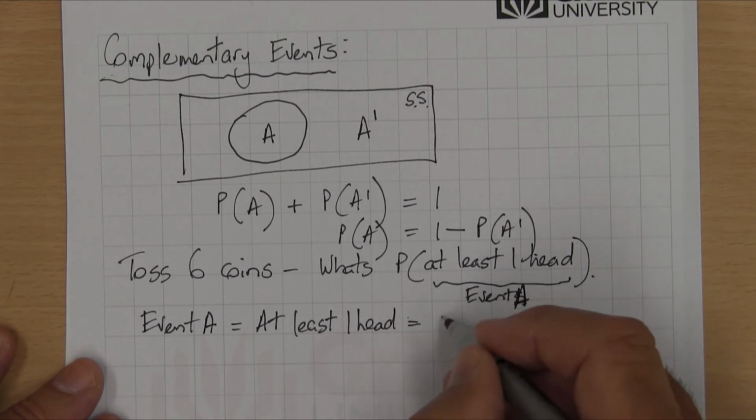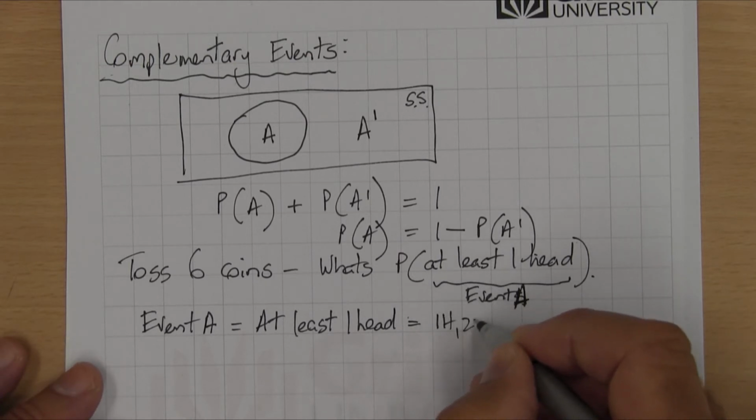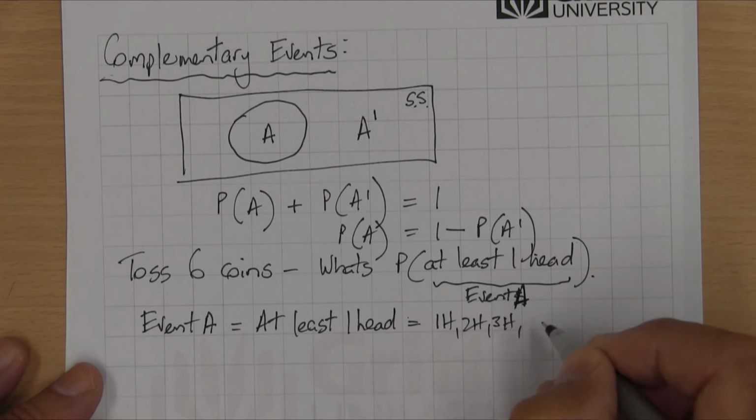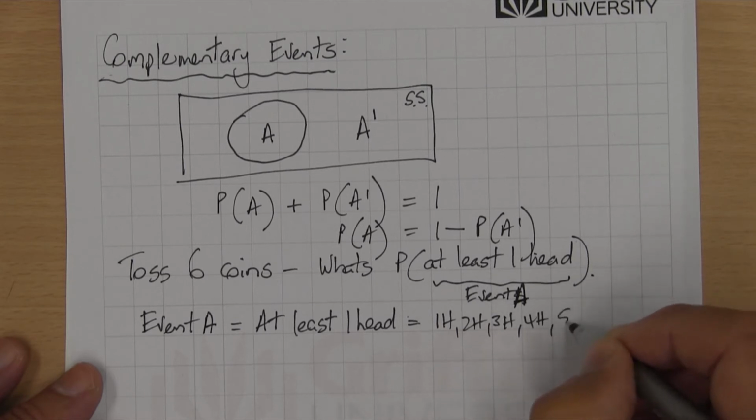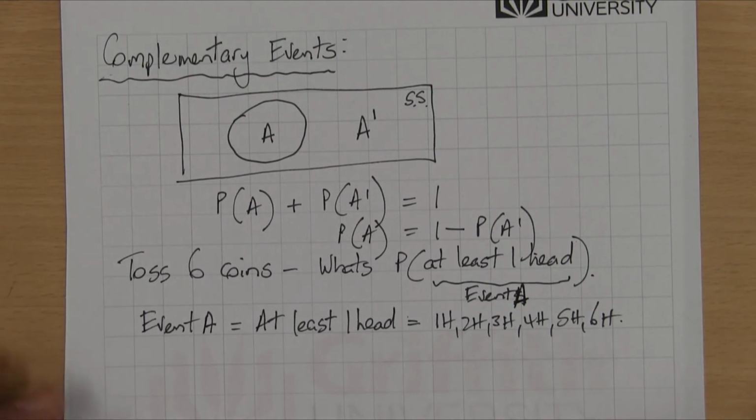And what is at least 1 head? Well, it doesn't include 0 heads, so it's 1 head, 2 heads, 3 heads, 4 heads, 5 heads, and 6 heads. And we want to find the probability of that.